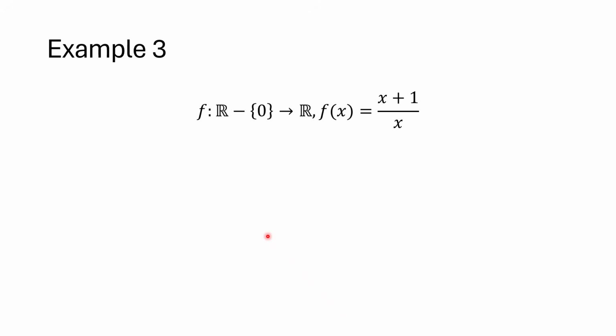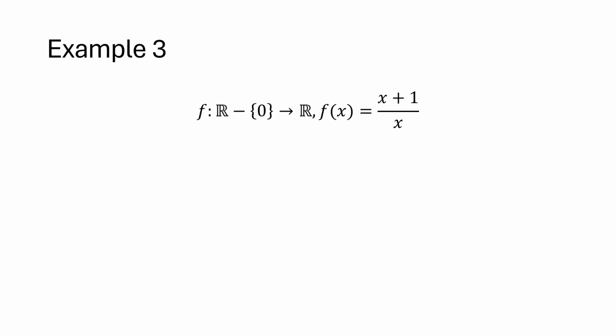Well, we have to do a little bit of inspection here. Remember, if it is onto and we have any element in the codomain, we should be able to find an element in the domain that maps to it, right? So that's what we're going to do.